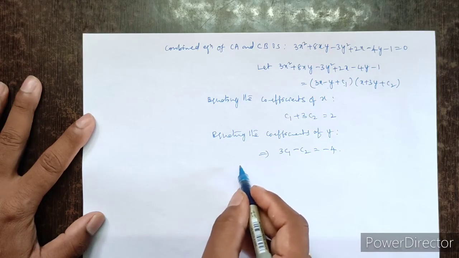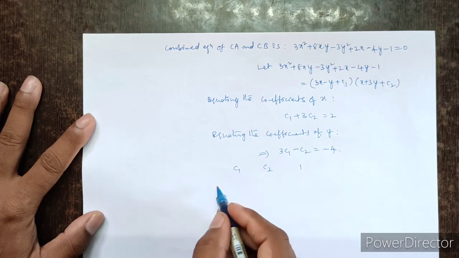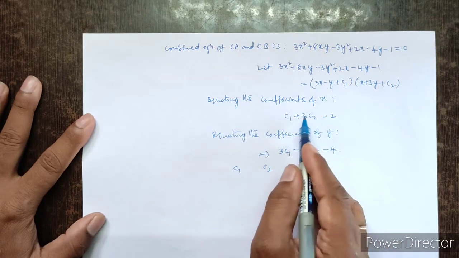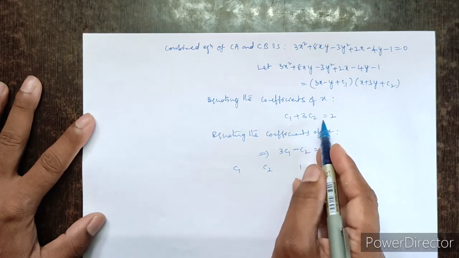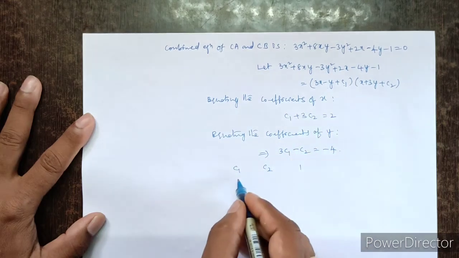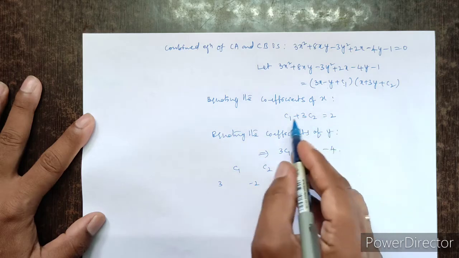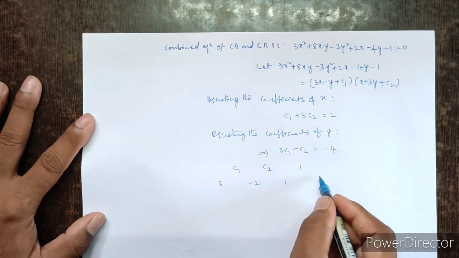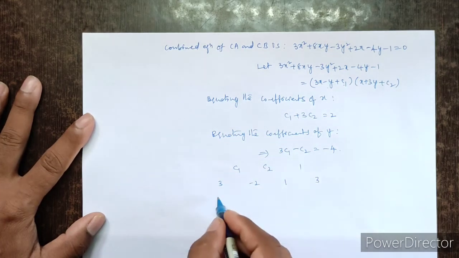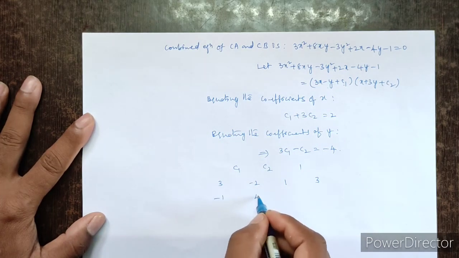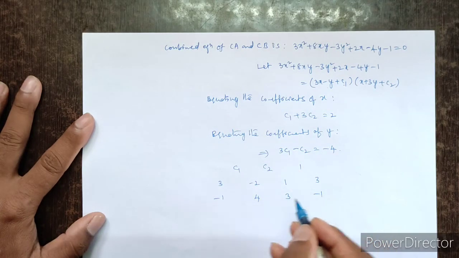So I am writing here c1, c2, constant. Take the constant 2 to this side. So you can write 3, minus 2, 1, 3, here minus 1, 4. Take this side positive, then 3, this is minus 1.